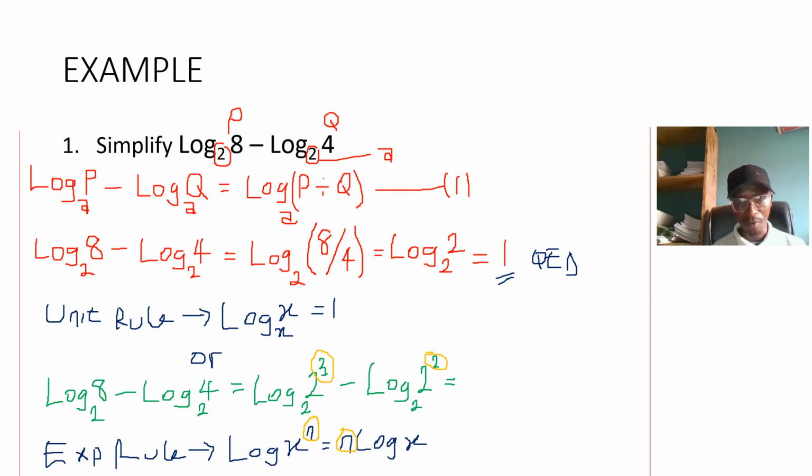So that implies that we now have 3 log 2 base 2 minus 2 log 2 base 2.